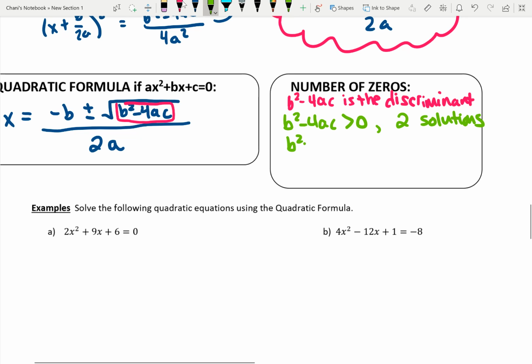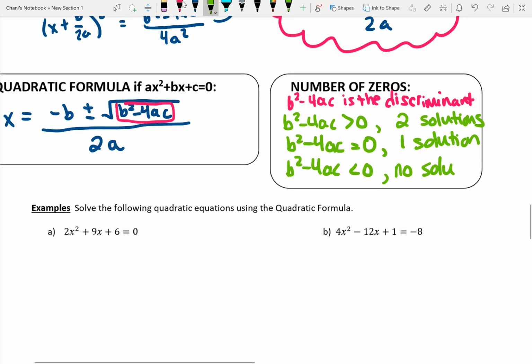However, if that b squared minus 4ac is actually equal to 0, then you will add 0 and subtract 0, which will give you the same solution twice. So in reality, there is just 1 solution. Now, if b squared minus 4ac is negative, that means you're trying to square root a negative, which won't work, which actually means that there are no solutions.